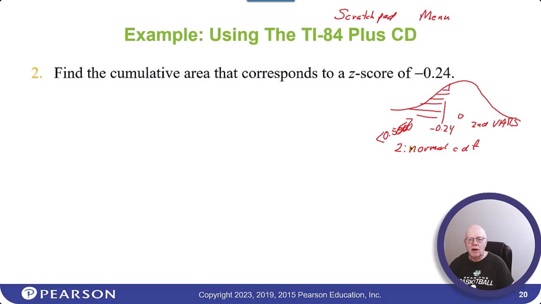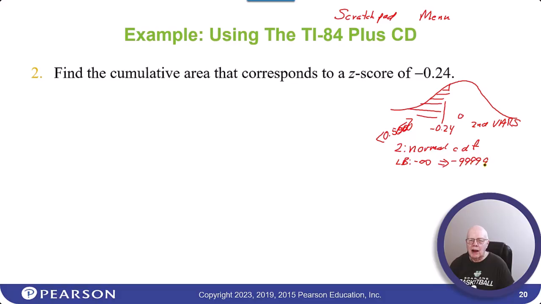I want to put in 4 numbers. We want everything up to negative 0.24. So my 4 parameters will be: the lower bound is negative infinity, and if you're following what I do, I'll put negative 9999.